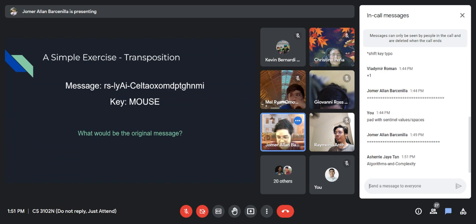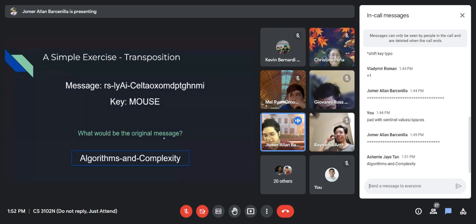So any more answers? So we have an answer. Your answer is correct. It's algorithms and complexity. So that is it for transposition cipher, and we go to our next cipher.